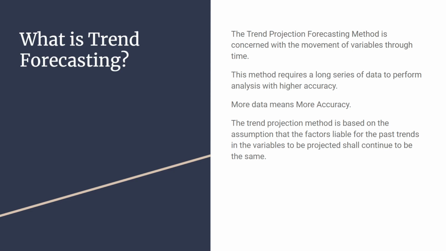Or we can say that if we take these kinds of actions, this would be the output. The accuracy is how likely the process would go as planned. So more data leads to more accuracy, and the trend projections are based on the assumption that the factors liable for past trends in the variables to be projected shall continue to be the same.